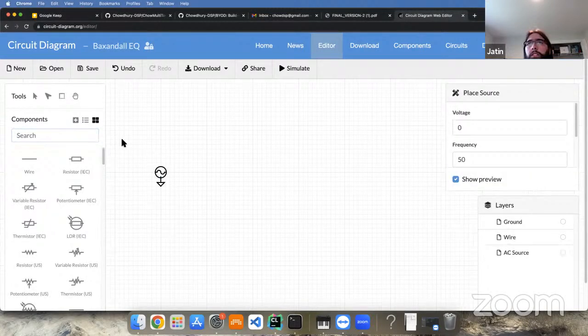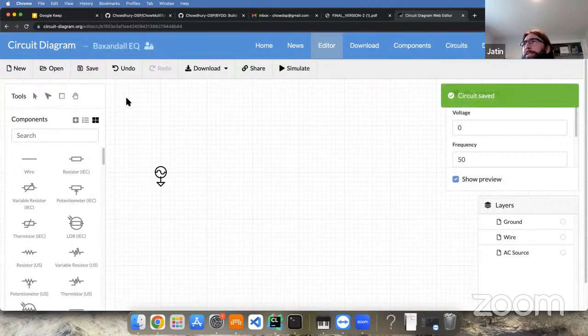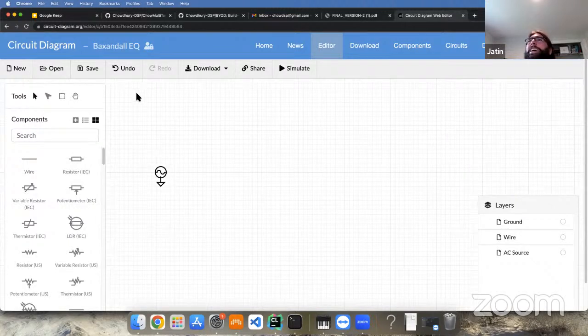And I've been spending a lot of time doing this lately, so sorry if I'm going a little bit quick. But yeah, maybe a little bit tired of spending a ton of time in the circuit schematic editor, but it's not so bad. This is a decent tool here.